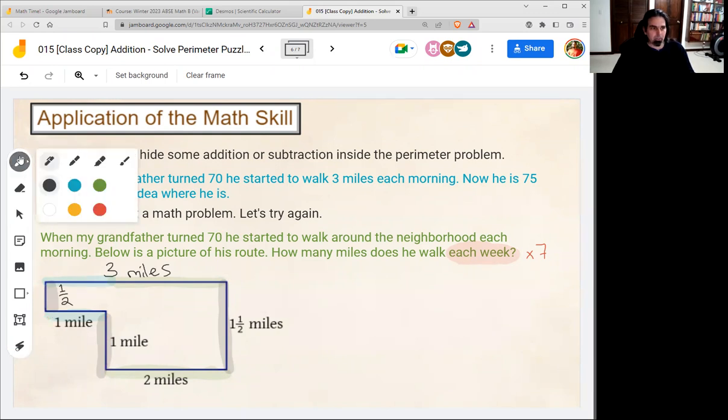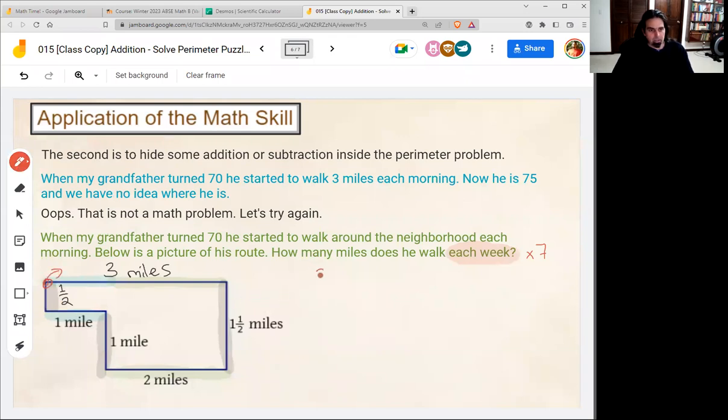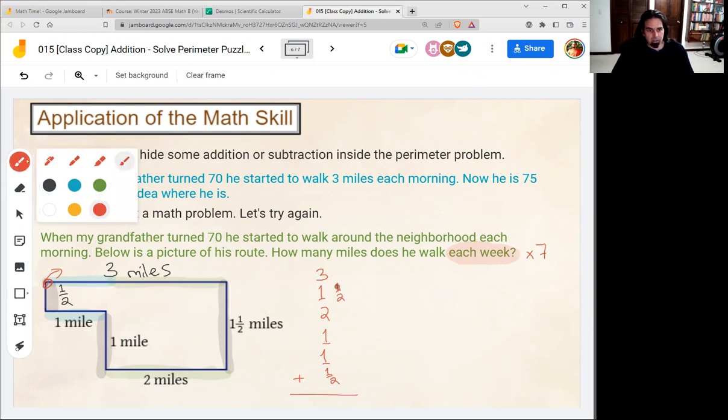So now I'm ready. I'm going to mark where I start. And I have 3 and 1.5 and 2 and a 1 and another 1.5. And the first thing I'm going to say is this half and this half combined to make 1, because I don't like fractions.